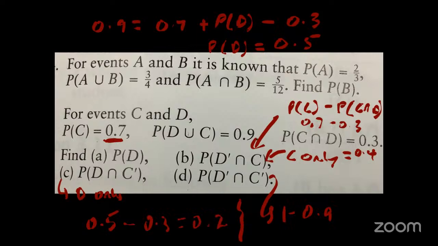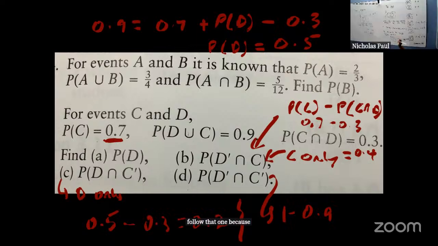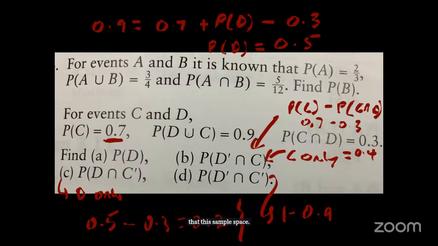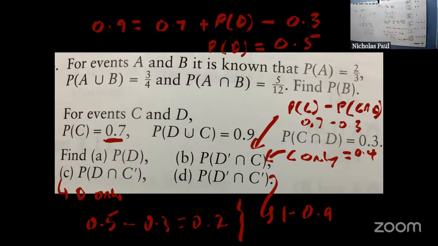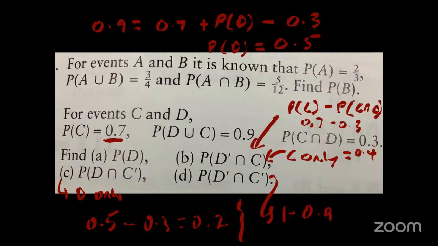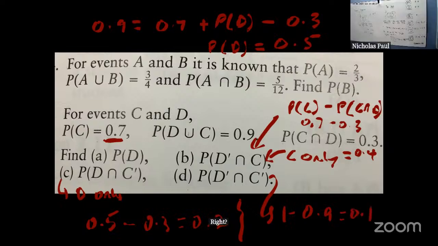How do I know that is 1? Because that's the universal set, the sample space. So 1 minus 0.9.